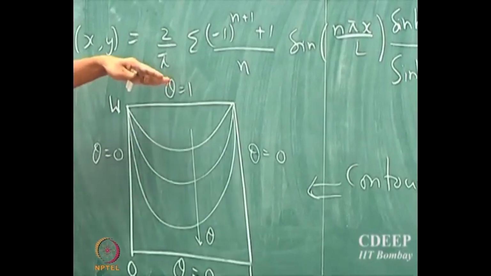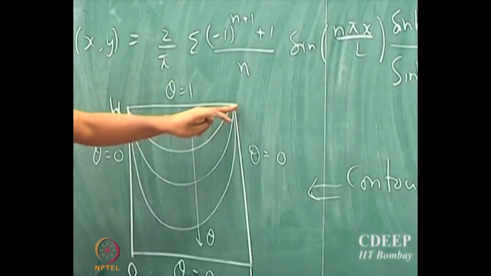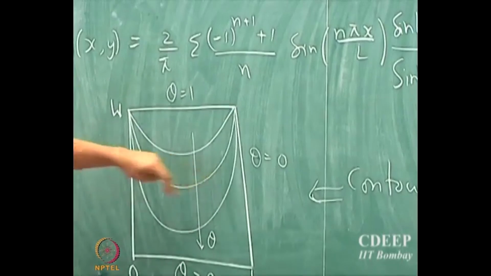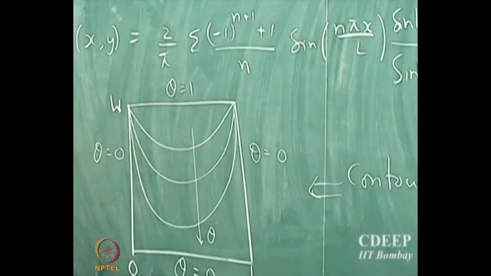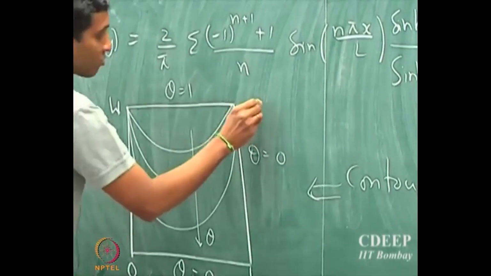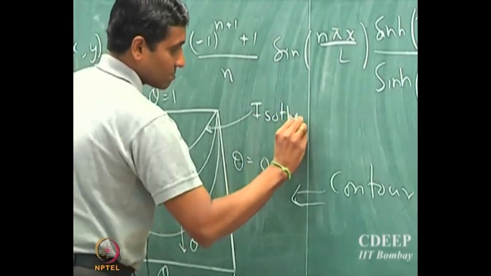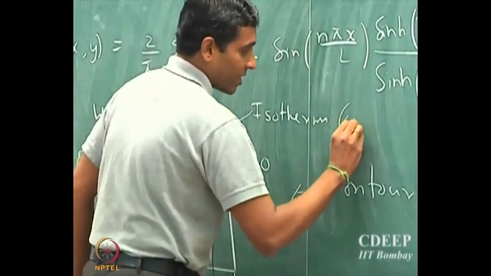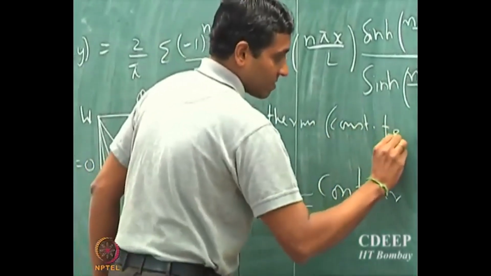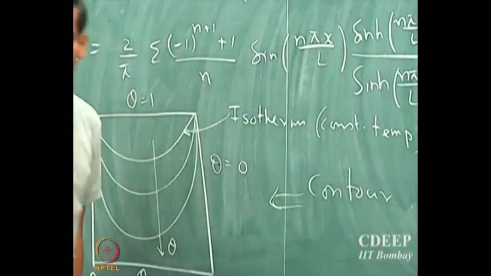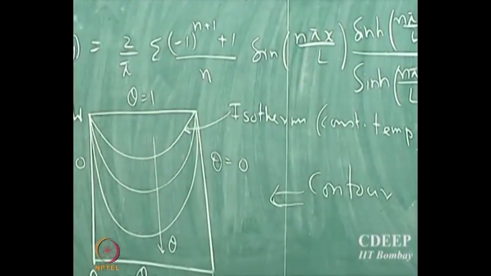As theta goes down, this could be 0.75, theta is 0.5, 0.25, etc. So these are the isotherms or constant temperature lines. Is that clear to everyone?